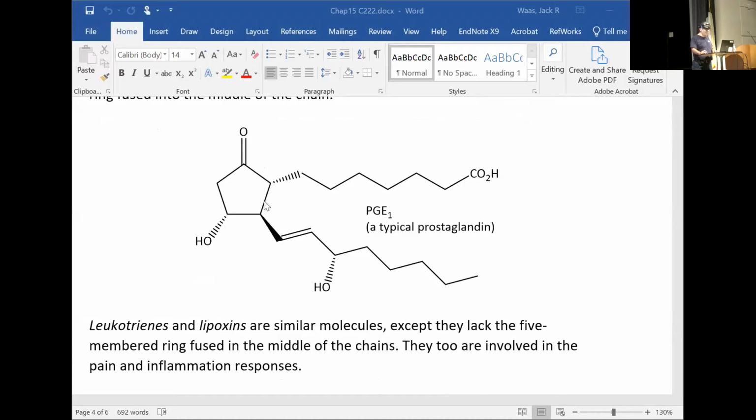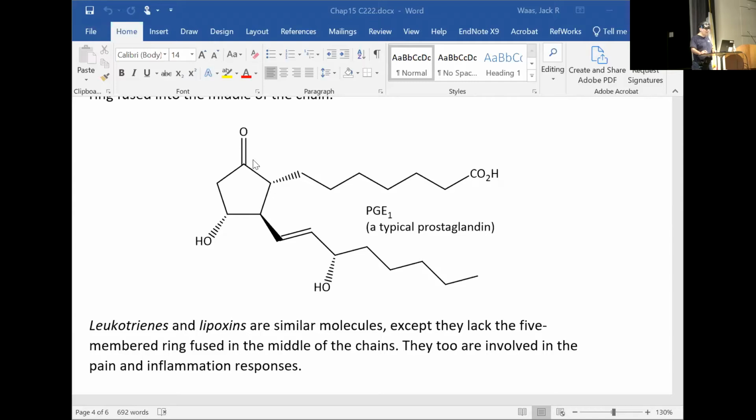This part of the molecule is essentially an unsaturated fatty acid. Interestingly, it's a trans double bond. That's interesting, because remember with unsaturated fatty acids in general, we said that they will have cis double bonds. These are the molecules you find in your vegetable oil, your olive oil, your corn oil, things like that. So in a prostaglandin, that gets isomerized.